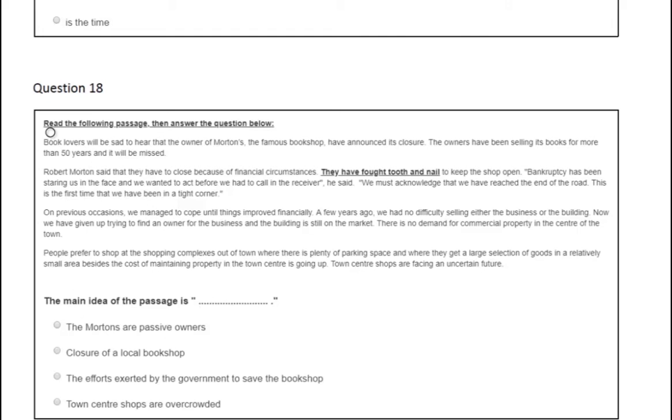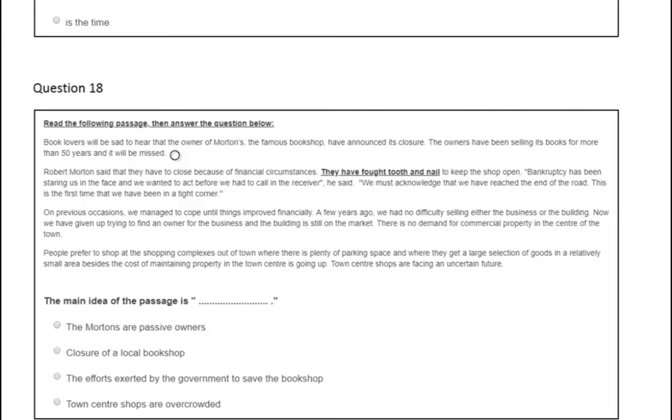So let's read the first part together. Book lovers will be sad to hear that the owners of Morton's, the famous bookshop, have announced its closure. This is the topic sentence. It is about the closure of the bookshop. If you have a question like this about the main idea of the passage, look at the topic sentence.